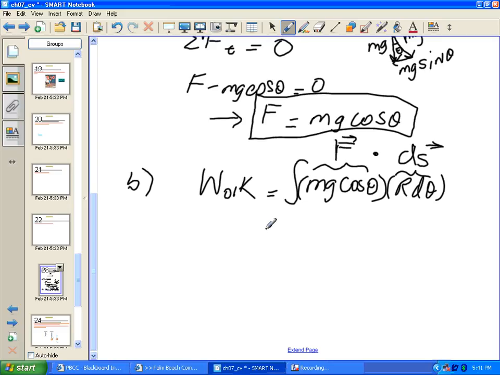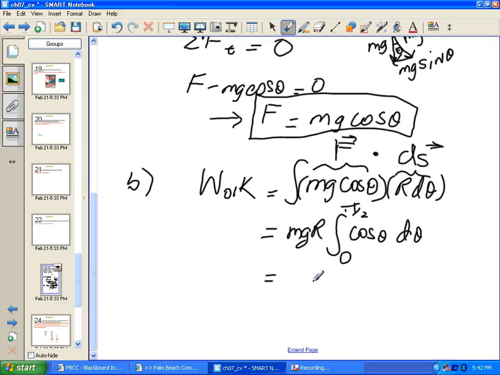Well, let's see. We have some constant quantities here. Mg r, integral of cosine theta d theta from 0 to what we said earlier, pi over 2. Well, the integral of cosine theta d theta is sine theta.